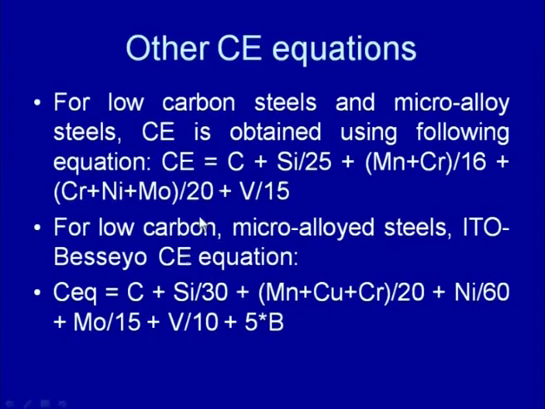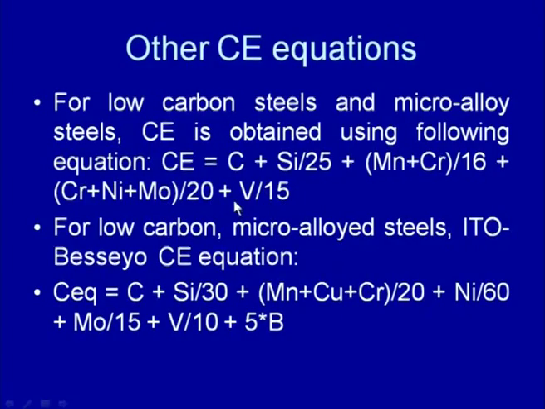If we see any of these equations, then we can see that carbon equivalent is directly dependent upon the carbon content plus the presence of the other alloying elements, and the greater the value by which we are dividing a particular weight percentage, that will indicate the relative effect of that particular element.